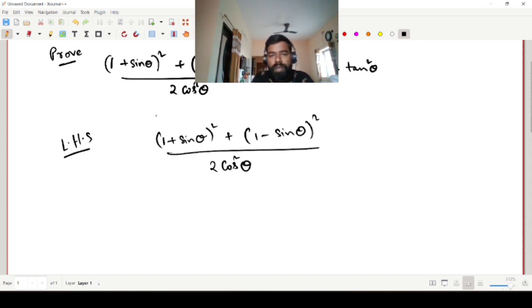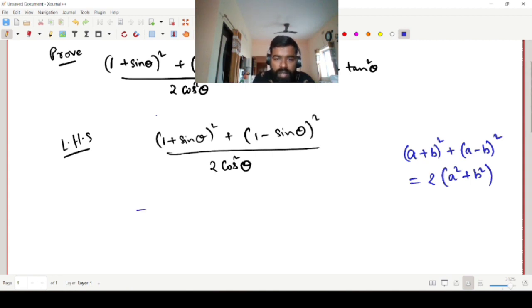So the first step, if you know few formulas from class 9, that is from the chapter expansion, then it will be a very quick process. For (a plus b) whole square plus (a minus b) whole square, we have a direct formula, that is 2 times (a square plus b square).